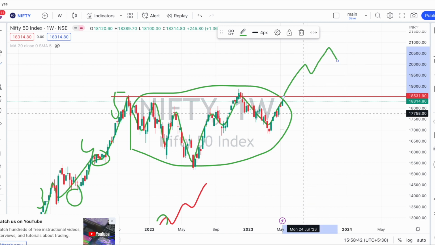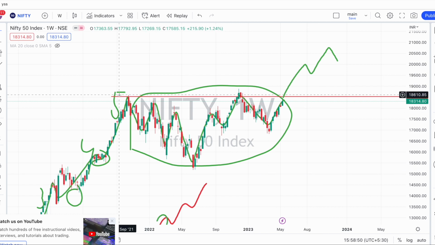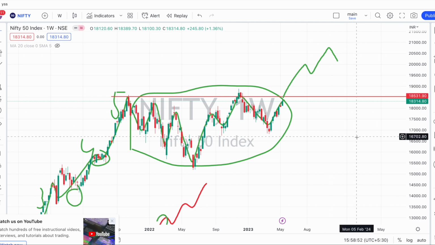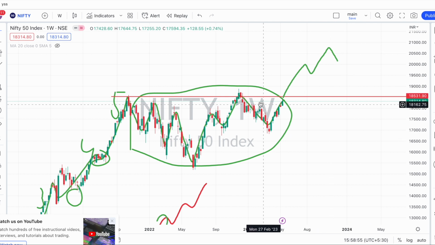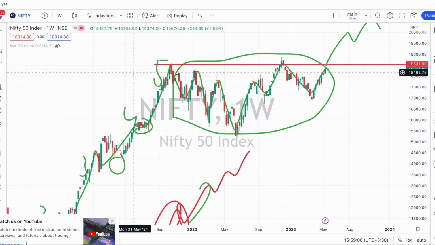The price would go up and can even touch 20,000, 20,500, but it has to cross this particular level and close above 18,531. So on the weekly time frame, this is how you are going to analyze the charts.